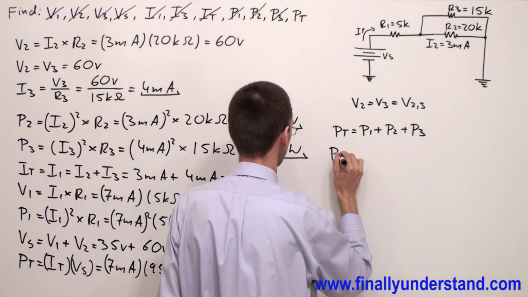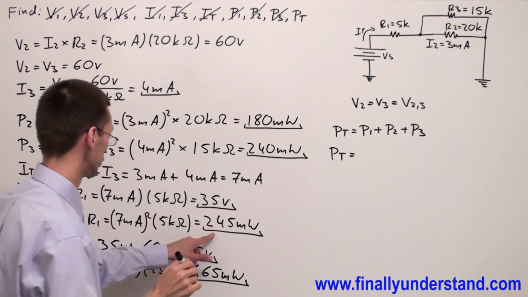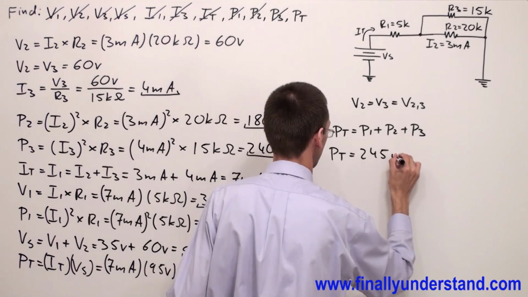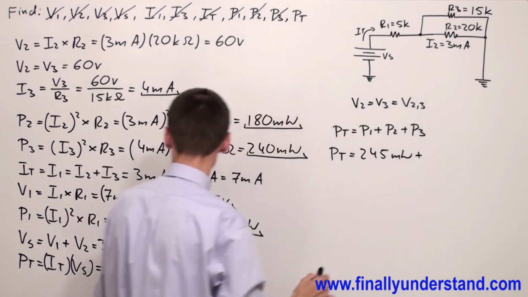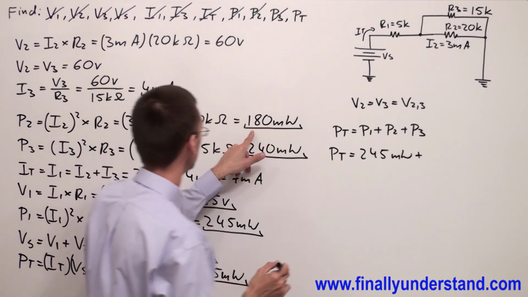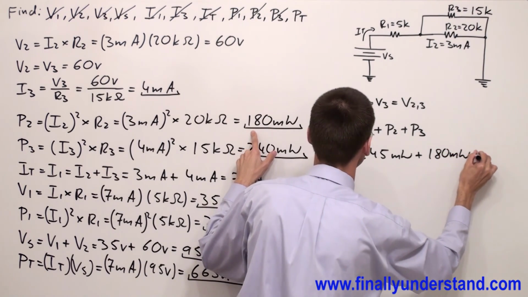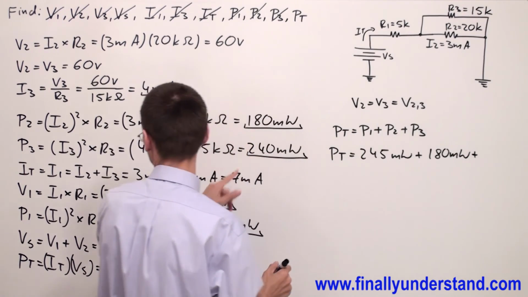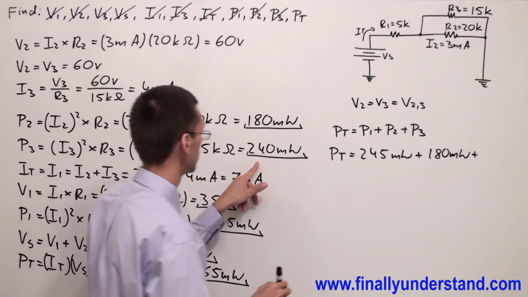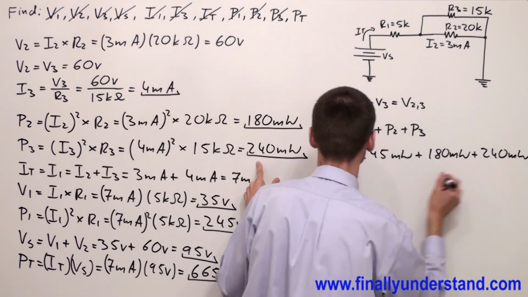So P total equals P1, which is 245 milliwatts, plus P2, which is equal to 180 milliwatts, plus P3, which is equal to 240 milliwatts.